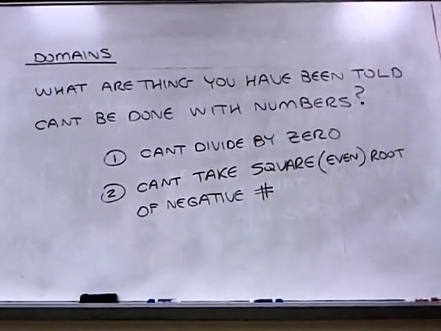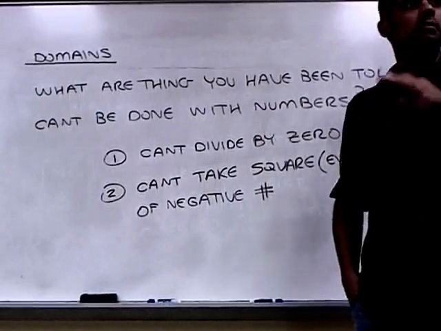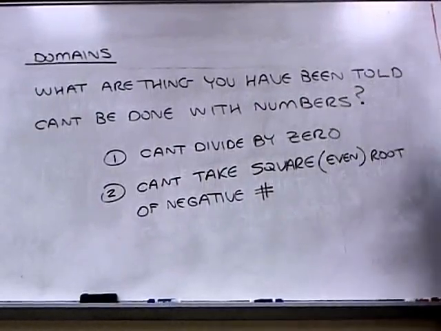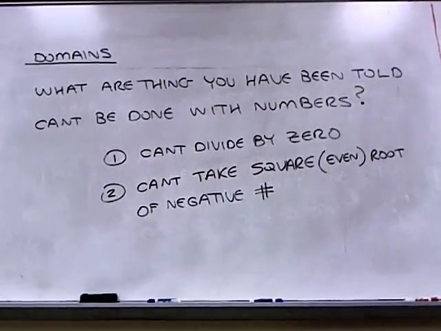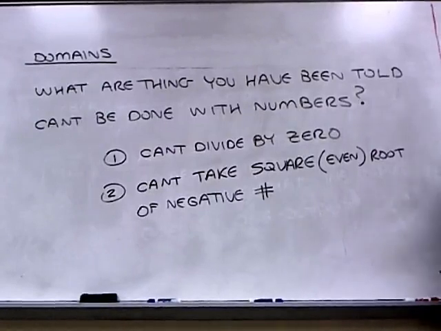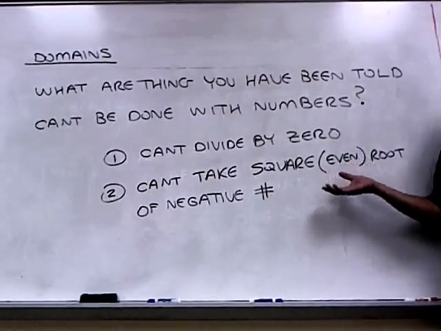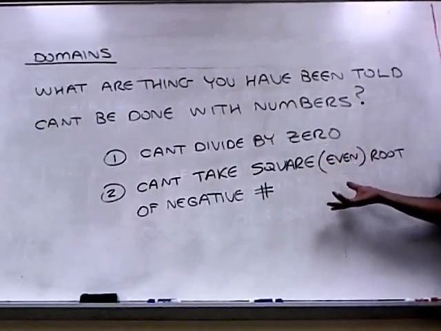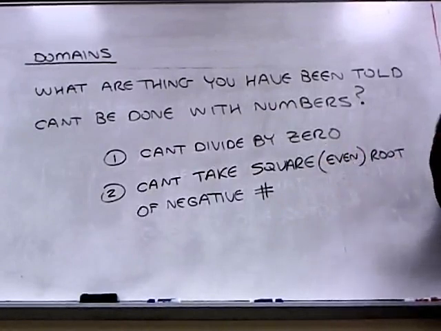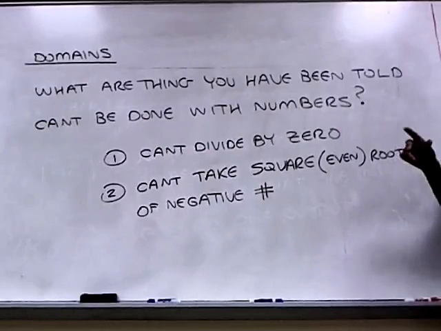Never divide anything by 0. And if you try and take the square root of a negative number, what happens? You may have seen there is a way of doing it, but what happens whenever you try and do square roots of negatives? You get this thing called i. Have you all seen that? The imaginary unit. Remember i?